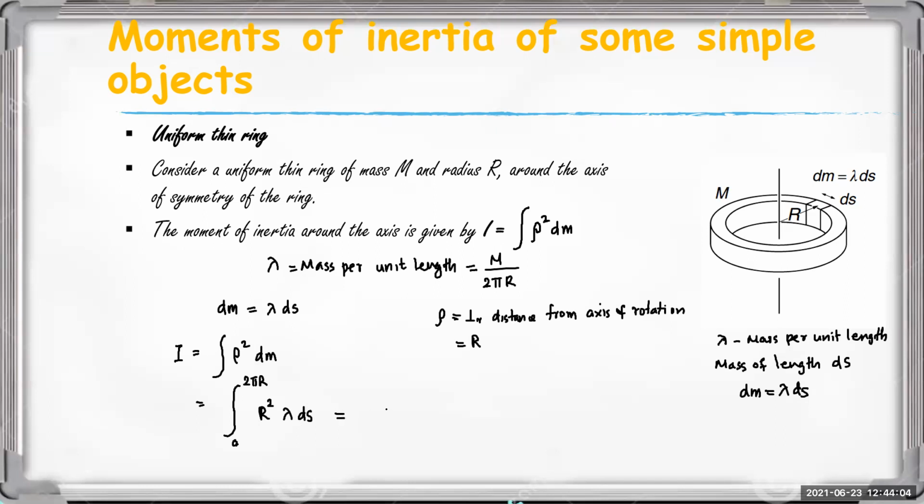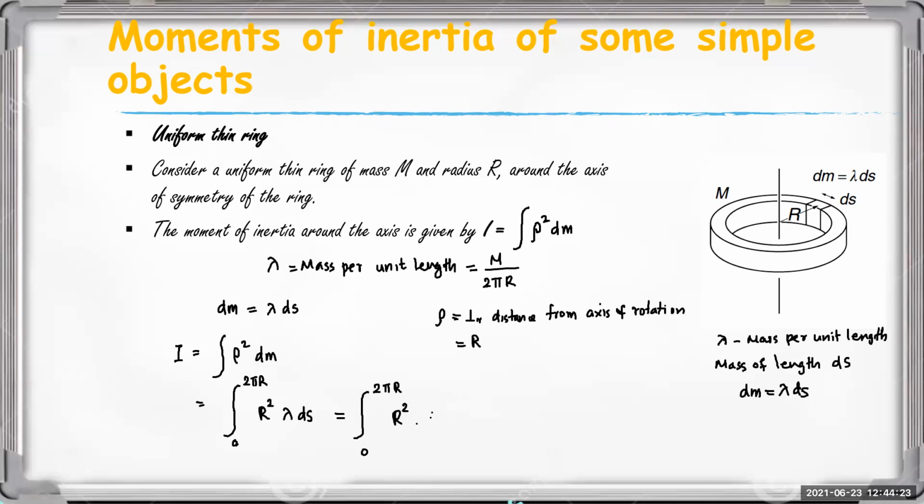So we write it is equal to what? Integral 0 to 2 pi r, r square. What is lambda?